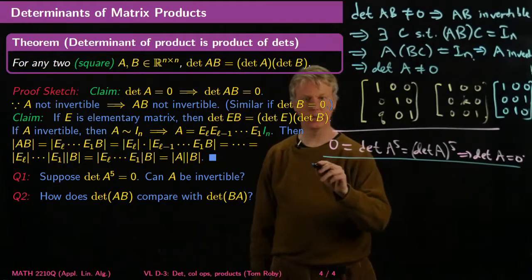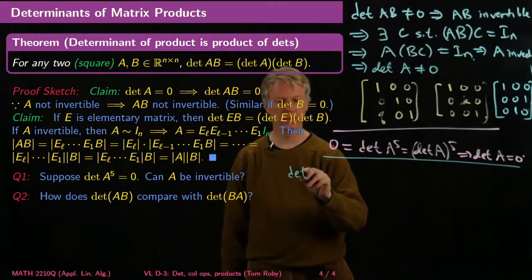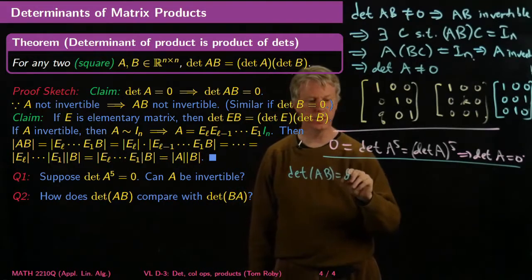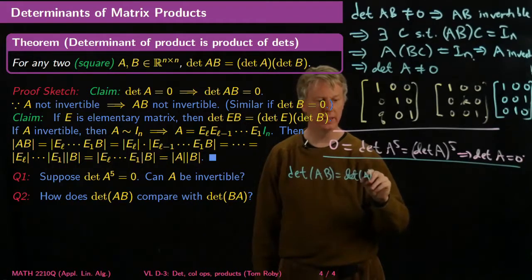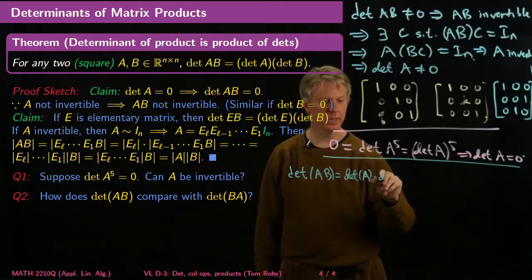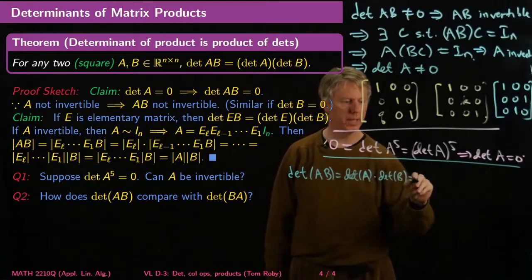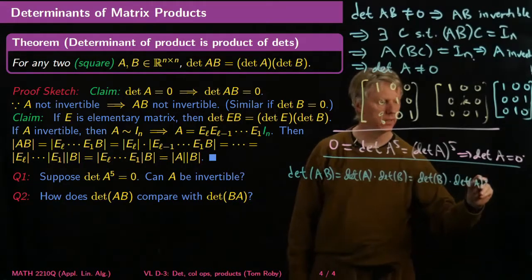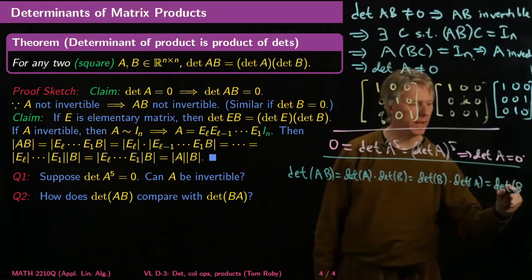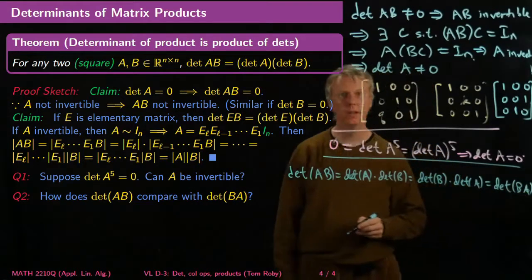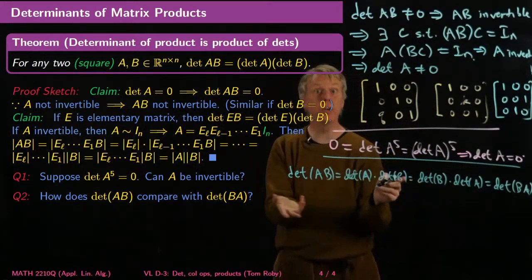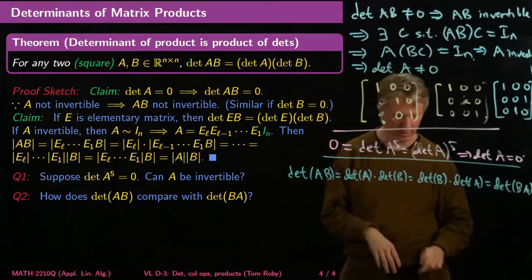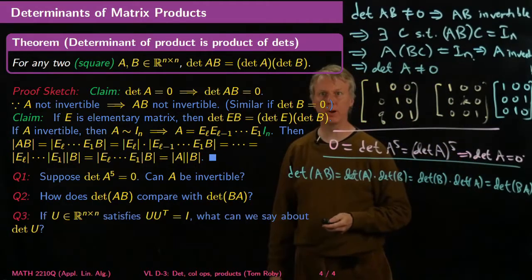So the determinant of AB is equal to the determinant of A times the determinant of B, but that's the determinant of B times the determinant of A, which is the determinant of BA. Okay? So once we get down to the level of numbers, numbers do commute even though matrices don't. So it's a useful thing to keep in mind when you're trying to look at properties of matrices.